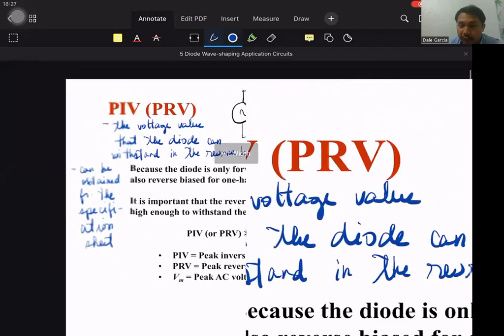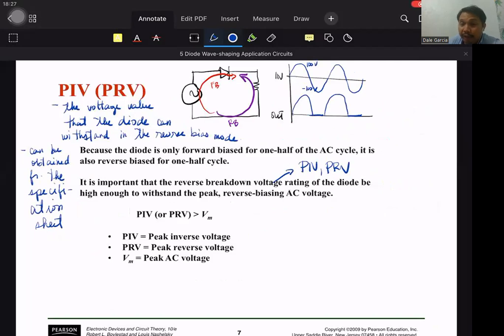No? Same goes for the full wave rectifier. So for the half wave and the full wave rectifier, we should always check if the peak inverse voltage from the specification sheet is high enough as compared to the expected maximum value of our AC signal. Okay?